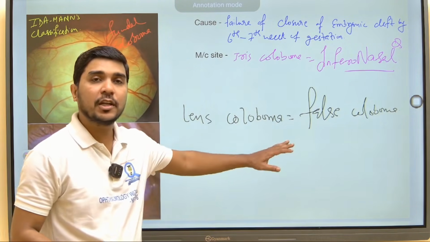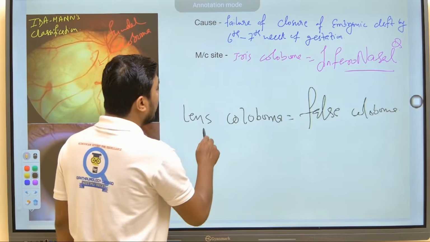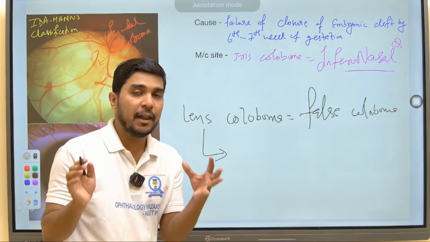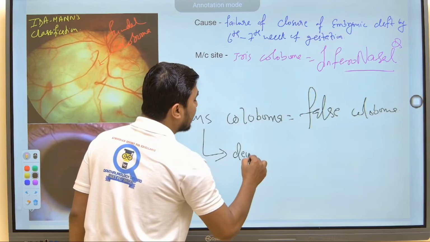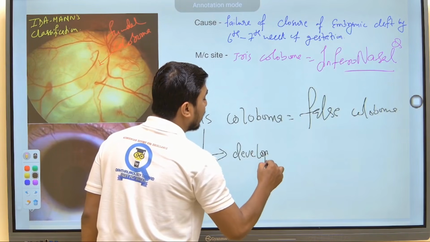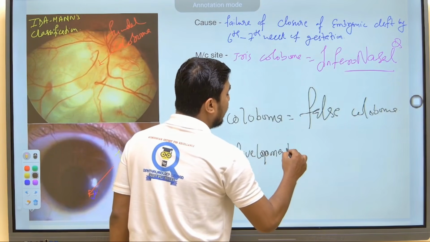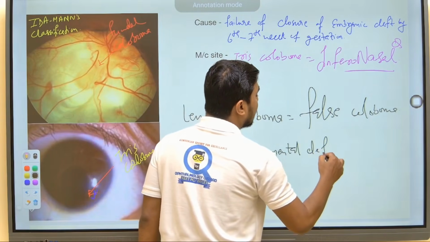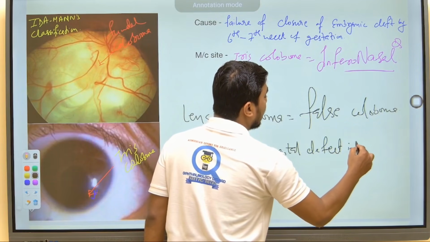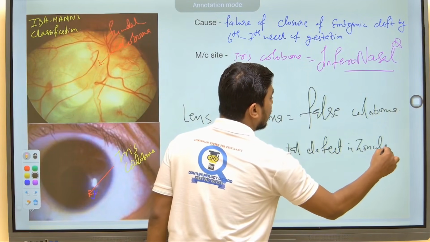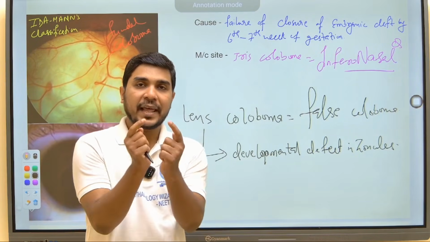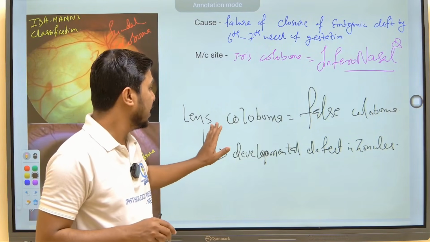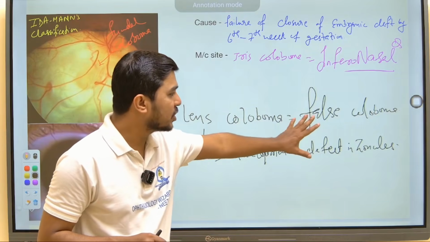Why is it not a true coloboma? Because it is due to a developmental defect in the zonules, which appears as a notch, and that is lens coloboma. So lens coloboma is a false coloboma.